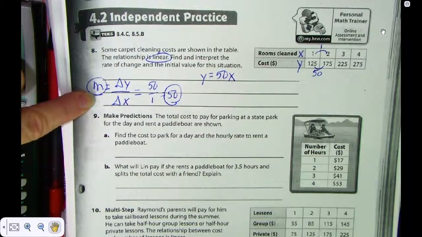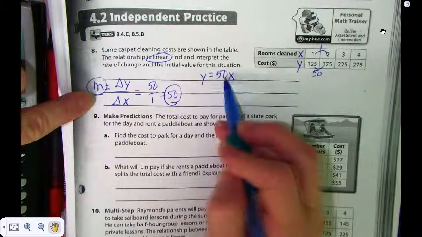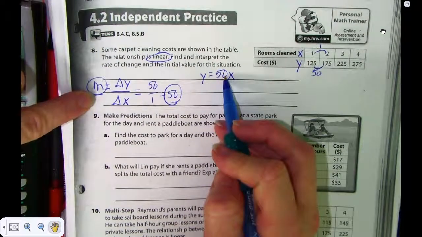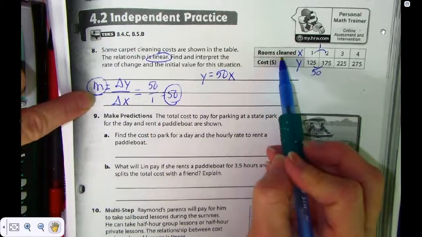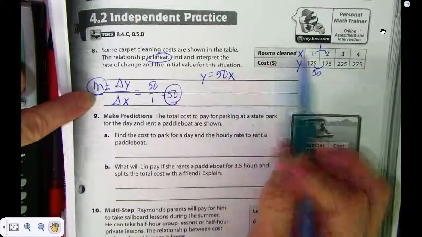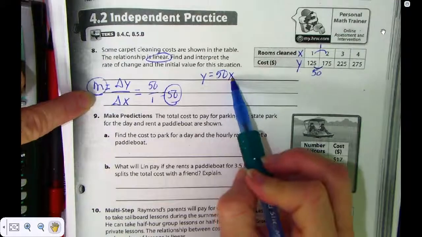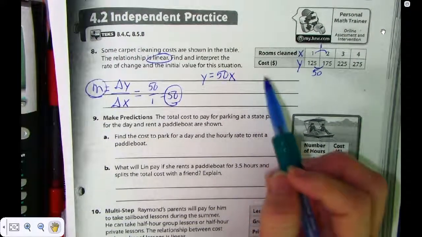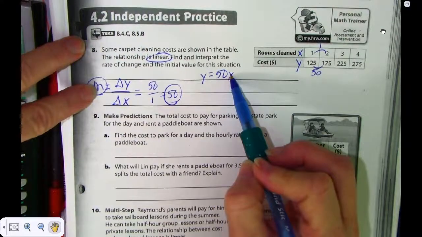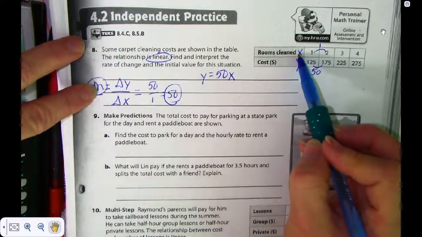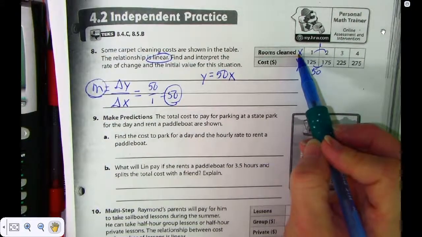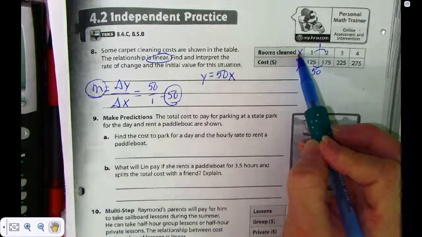M is your slope. That's the rate of change. That's what you're going to multiply x by. And what is x in this case? Well, it's 1, 2, 3, 4. It's the rooms cleaned. Guys, it's how many rooms you get cleaned. It depends on the house as to how many rooms.